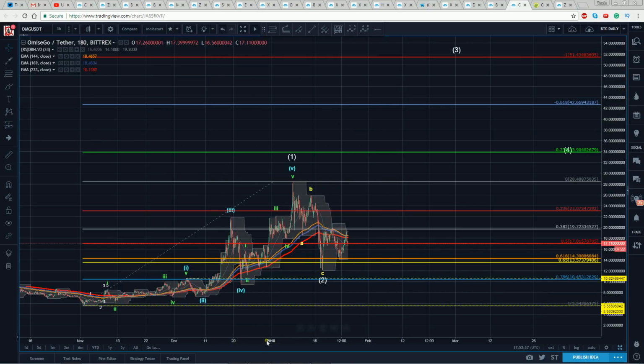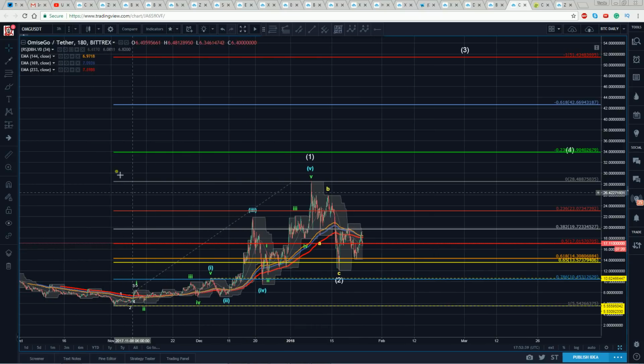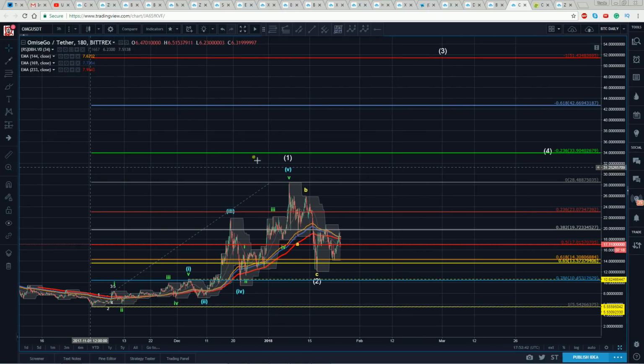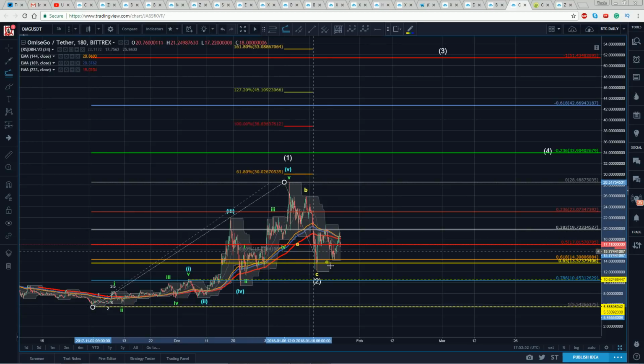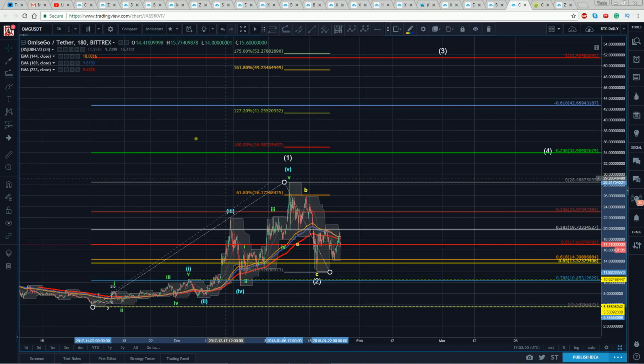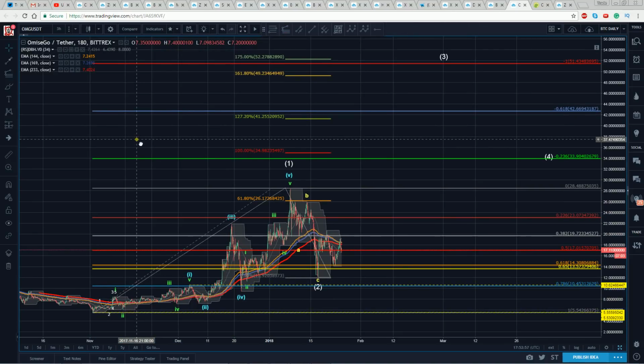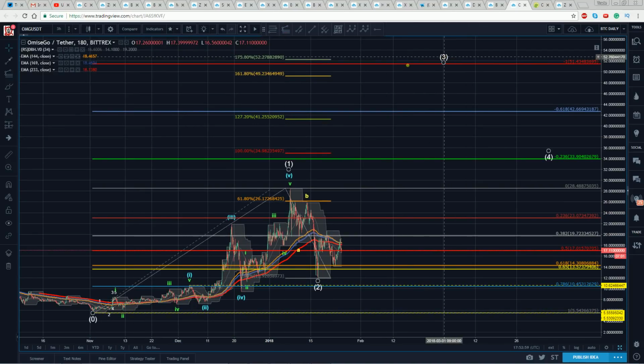Now, when we combine these two approaches, you'll find that they're very close. So as an Elliott wave trader, we're going to look for the relationship between the one wave projected from the second wave, from this low right here. So do you notice how they line up here? Okay, so here's the Elliott wave thinking.